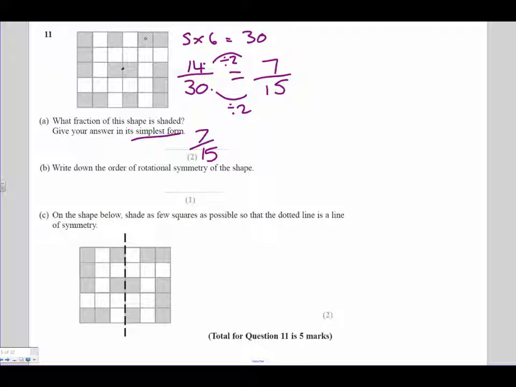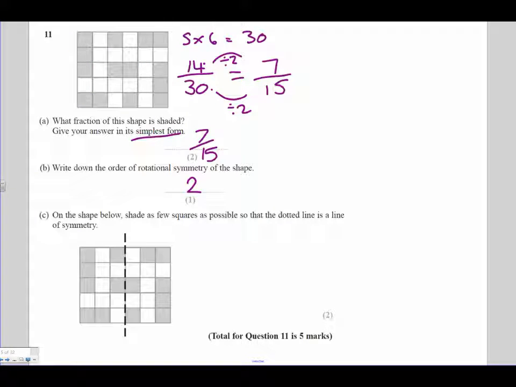Well, if I go round 90 degrees, this will not map onto there because I have 3 squares and 2 squares. However, if I rotate it 180 degrees, these two map onto these two, these three map onto these three, and this one will map onto this one. So that's our first order of rotation, and then when we complete our 360 degrees, it maps on again. So rotational symmetry of the shape is 2.